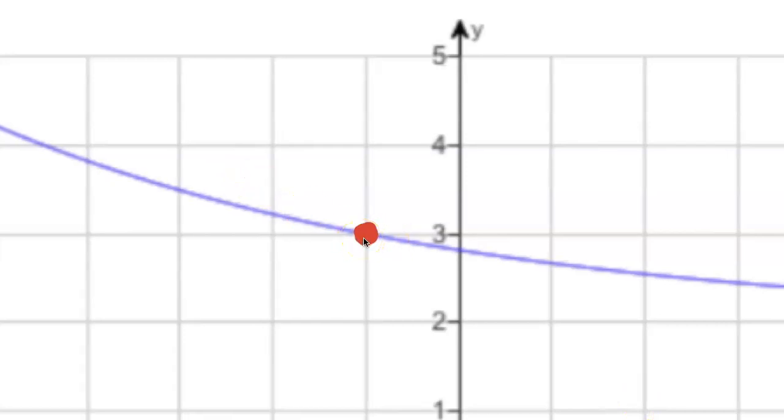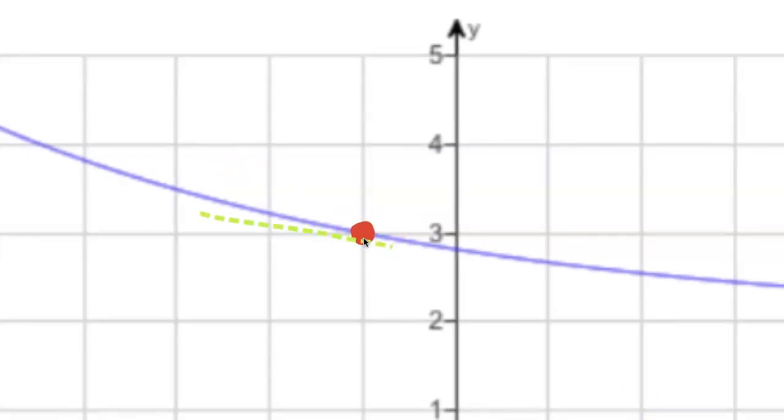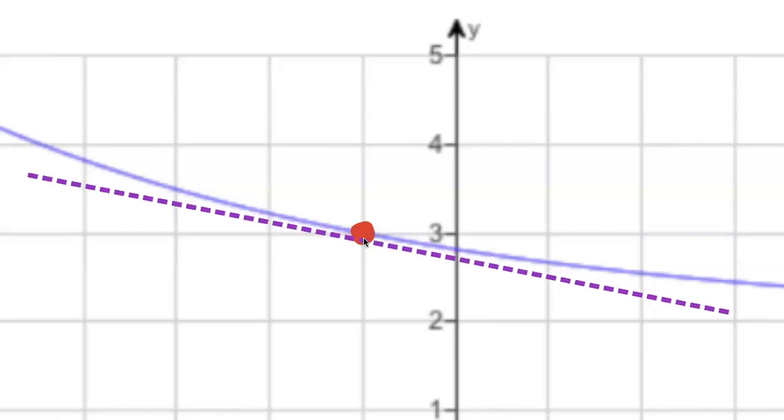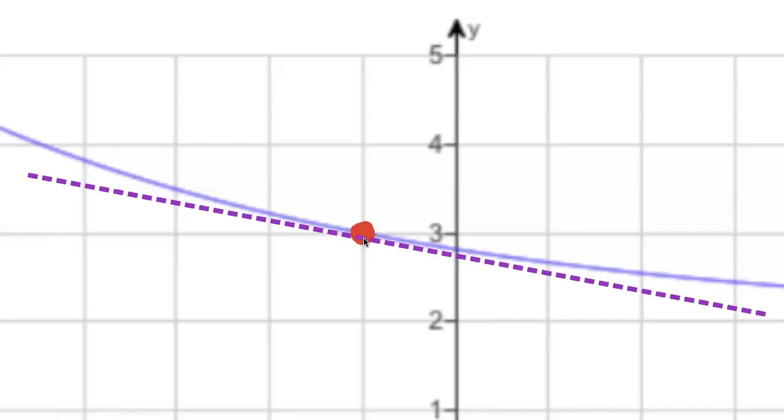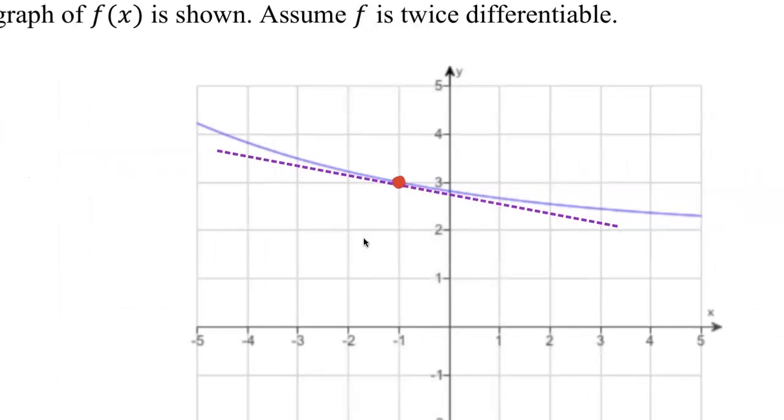It would be like this, right? It's kind of hard to see, but it will definitely be below the graph. Okay, let me try to do a little better. The purple pen. If I sketch a tangent line, the graph will sit above the tangent line, right? So I'll say the graph is above the tangent line.